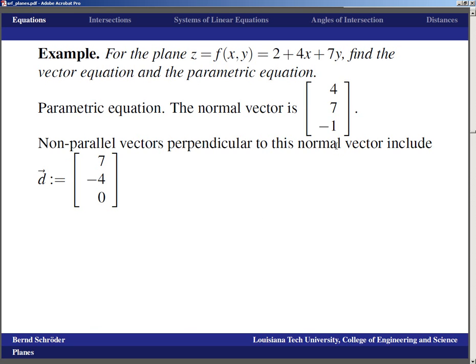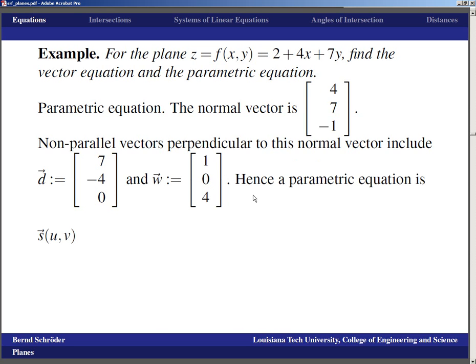So I could go, for example, with 4 in the z component, 1 in the x component, and 0 in the y component, and I think that's what I did. Yeah, I have 1, 0, 4, and then 1 times 4, 4 times negative 1. If I work out the dot product, that's equal to 0 also. So these 2 vectors are perpendicular to the normal vector. They are not parallel to each other.